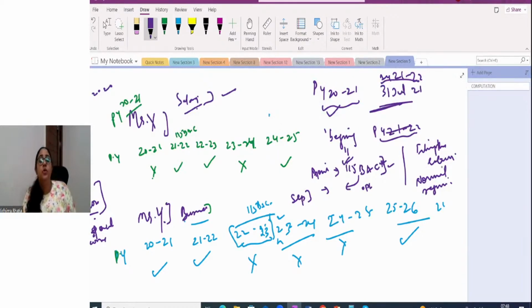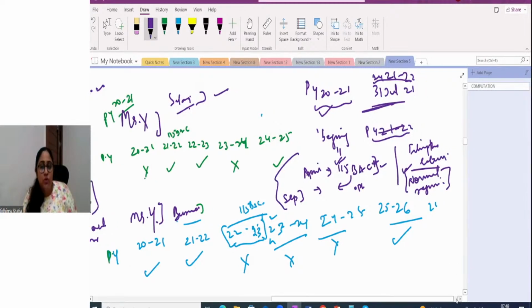If you think the normal tax regime is more beneficial, you can file the return as per the normal tax regime, even if your TDS is deducted as per 115BAC. This can come as a theory question: a person had given a declaration to the employer, but now he wants to file as per the normal tax regime. Can he do so? Yes, he can. Okay, is this clear?